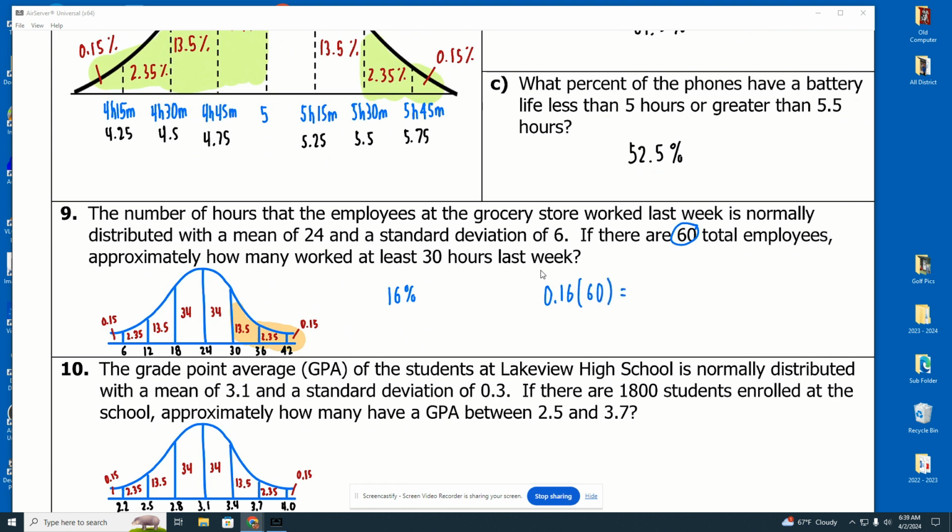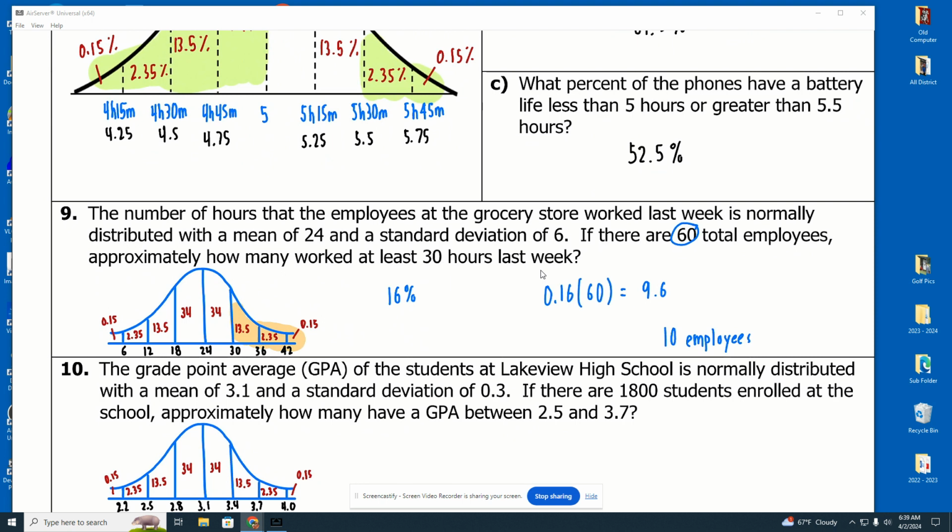Now this ended up being 9.6. So honestly, I wouldn't tell you that you were wrong either way. But in this particular case, I would have rounded up because it's saying approximately how many. And I would have said it's approximately 10 employees. If you'd said 9, you're not wrong either, okay?